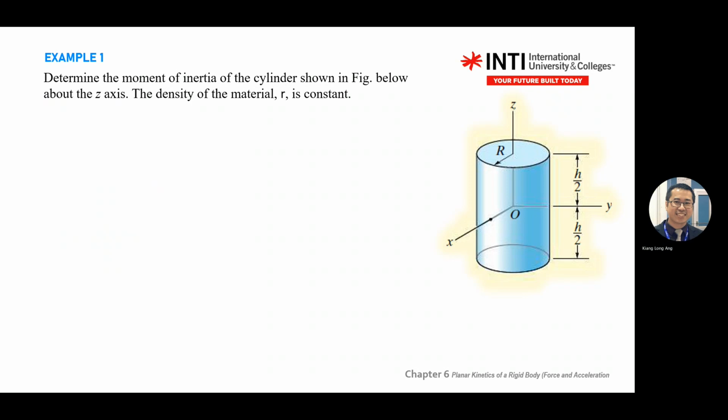What is the second moment equation? I equals the integral of r squared dm, or rho r squared dV.